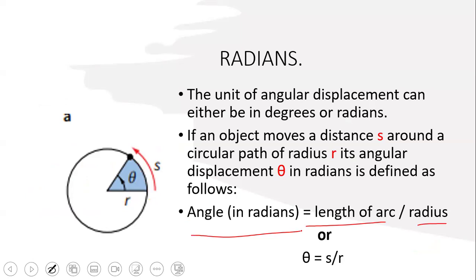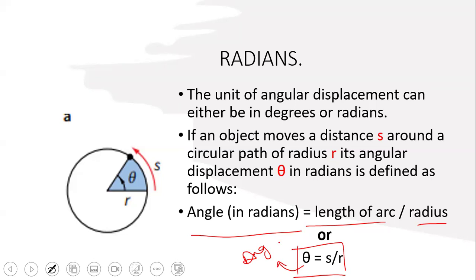So that's what radians is: length of arc divided by the radius of the circle gives the angle in radians. This is the formula for it: theta equals S over R. This theta is the symbol of angular displacement, S stands for arc length, and R stands for radius.